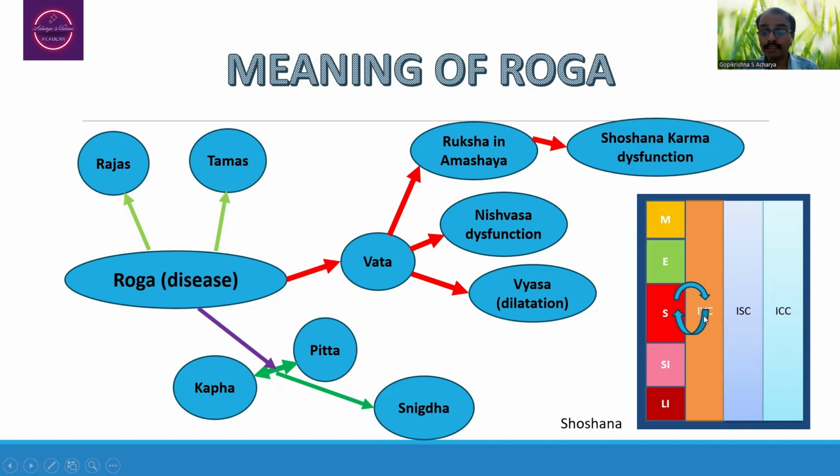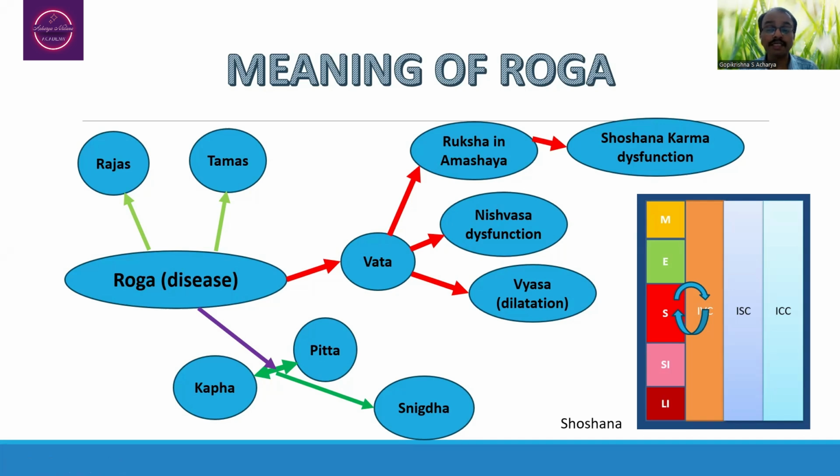Similarly, when there is increased shoshana karma from the intravascular compartment to the alimentary canal, it results in the increase of shoshana karma in the intravascular compartment. So, if shoshana karma increases from the alimentary canal to the intravascular compartment, we say there may be an increase of ruksha guna in the mahasrotas.